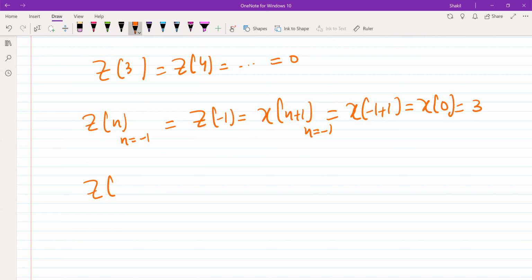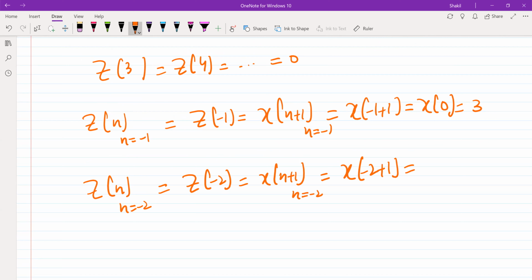So z of n when n is equal to minus 2, which is same as z of minus 2, is x of n plus 1 when n is equal to minus 2. So this means minus 2 plus 1, which is same as x of minus 1. And x of minus 1 is 2.